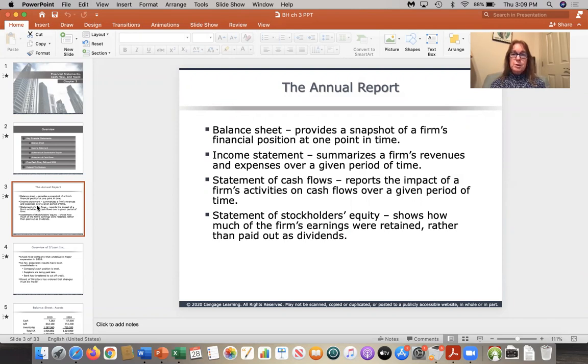So liabilities plus the owner's equity equals the assets. Or another way to think about that is assets minus liabilities equals the owner's equity. If you take all their assets and subtract out their liabilities, you're left with the equity that the shareholders have.